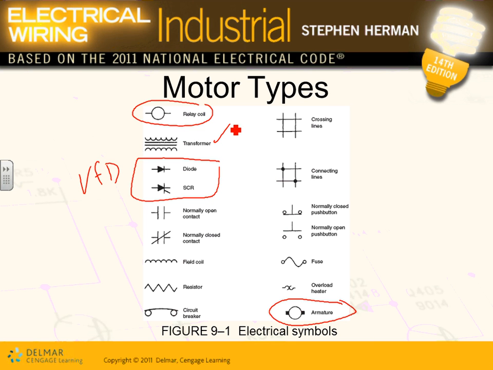We talked yesterday about normally open and normally closed contacts, and also stop buttons, the fuse symbols, the overload symbols. All these are circuit breaker symbols and resistors, how to put resistors and field coils for the DC. So these are a few symbols when it comes to motors that you should be familiar with.